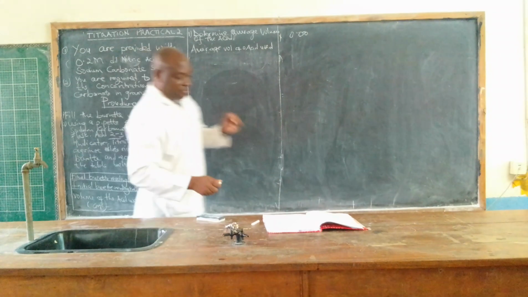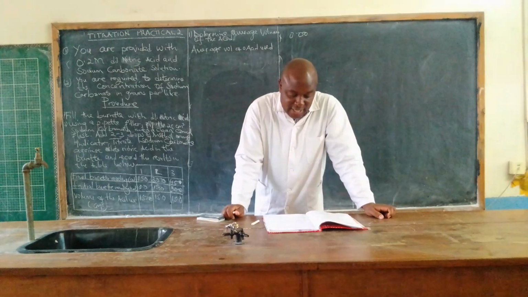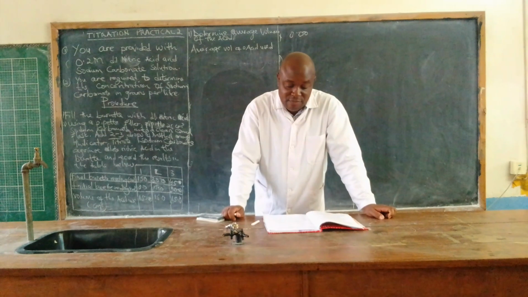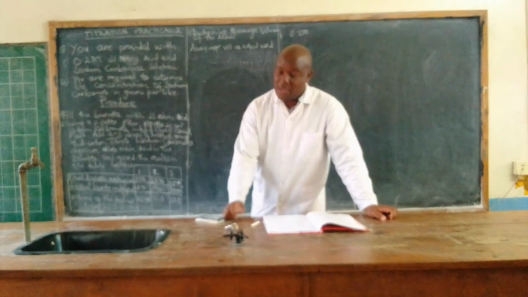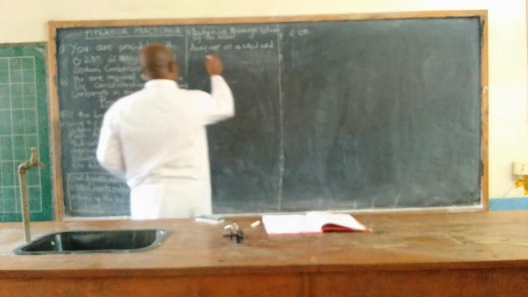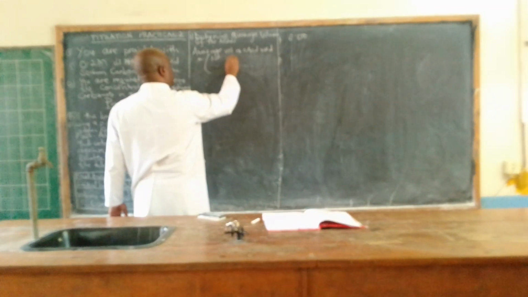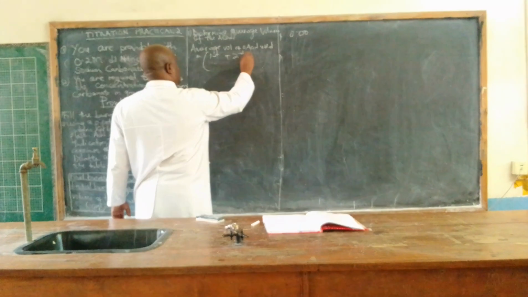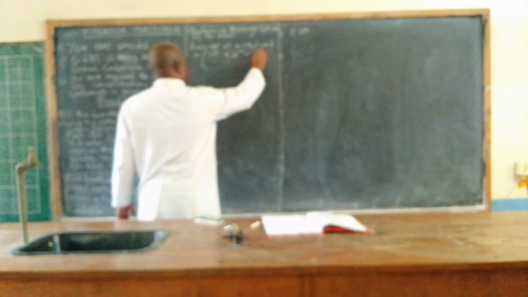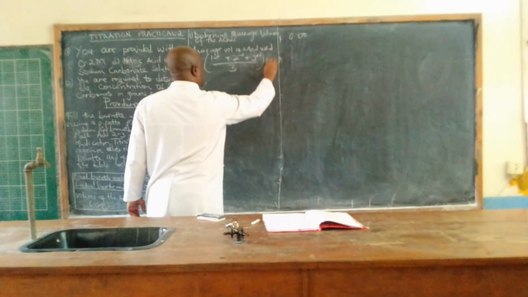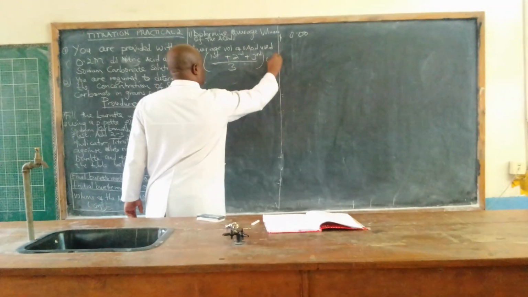Now the first question asks us to determine the average volume of the acid that was used. The average volume of the acid used is equal to the first volume plus the second volume plus the third volume, then we divide everything by 3 because there are 3 titrations, in cubic centimeters.